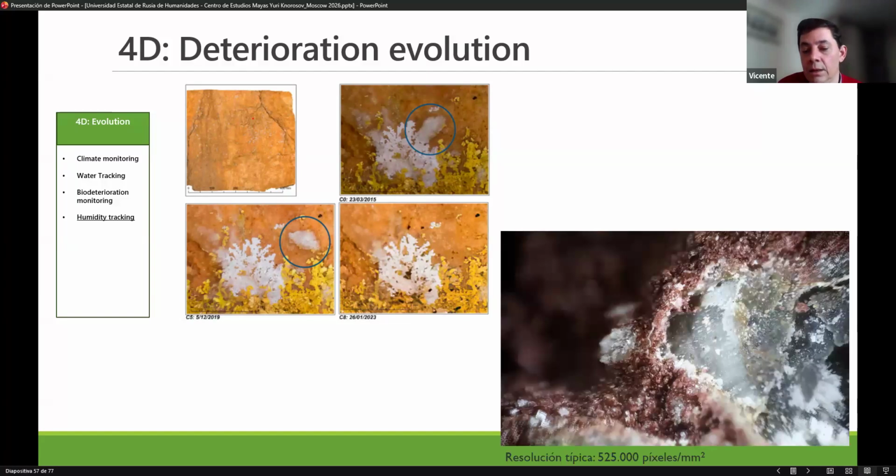And this is the detail. The resolution of this picture is around 1-2 microns per pixel, but it's not an ortho image. So it's about 500,000 pixels per square millimeter. So it's very high. This is a very small deterioration that happens in the picture. Okay, it's an aragonite formation that is pushing the pigment out of the wall.